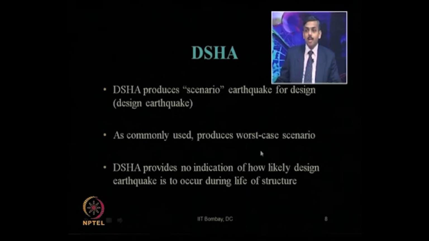It may happen that from past historical earthquakes of say several hundreds of years, you have chosen the highest value of earthquake for designing your nuclear power plant or large bridge, etc. But suppose the lifespan of that structure is 100 years or so, that highest magnitude of earthquake may never come. So, that is one of the limitations, because it never provides any indication based on the likelihood of occurrence of the design earthquake.